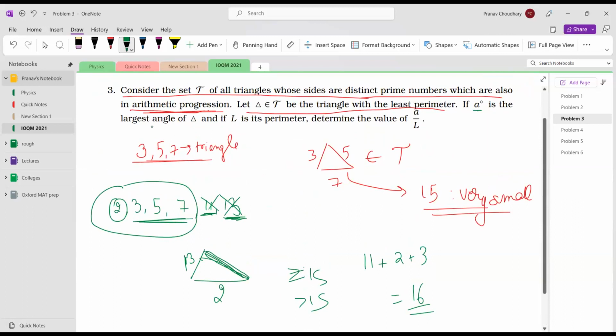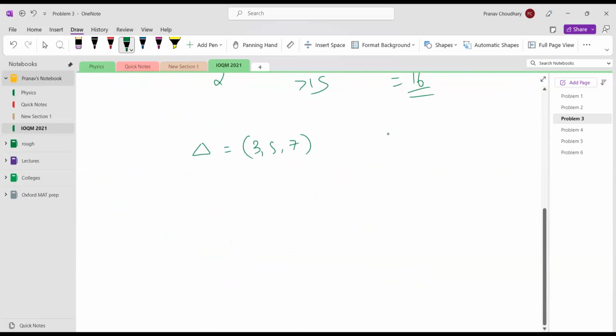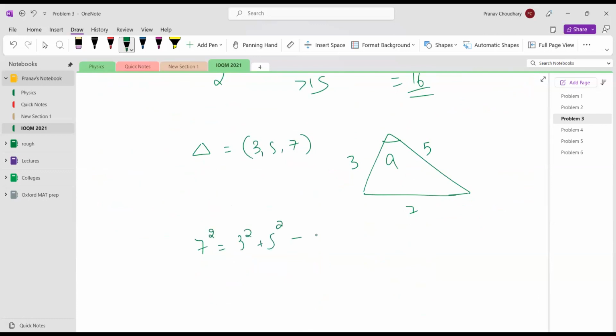If A degrees is the largest angle of delta and L its perimeter, determine this. Okay, so the largest angle is the angle opposite to the largest side. So this is A. We can just apply the cosine rule now. By the cosine rule, 7 squared equals 3 squared plus 5 squared minus 2 times 3 times 5 cosine A. This will be 49 equals 9 plus 25 minus 30 cosine A. So cosine A will be minus 1 by 2.